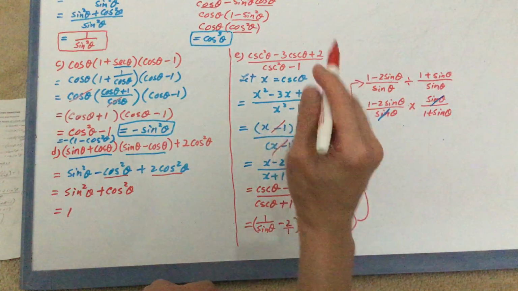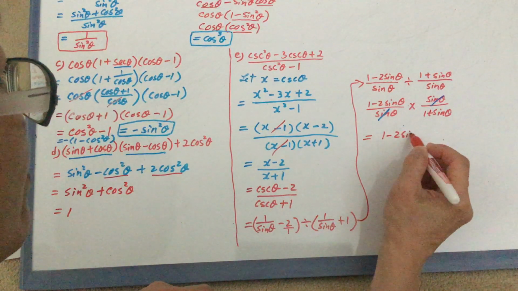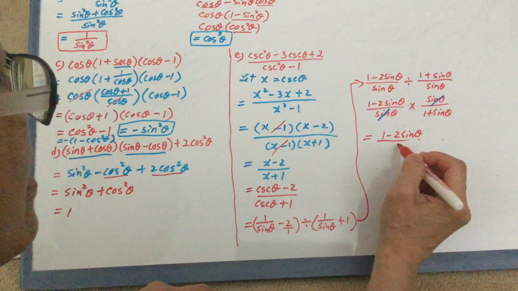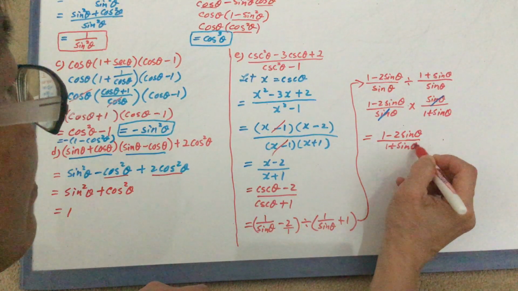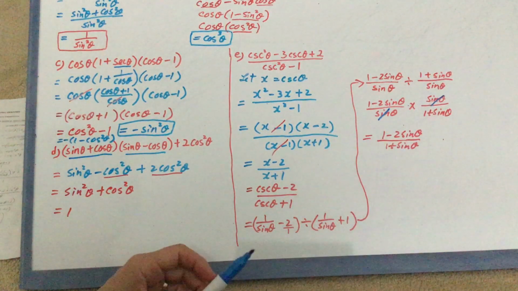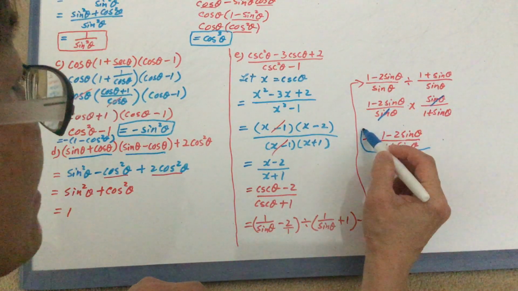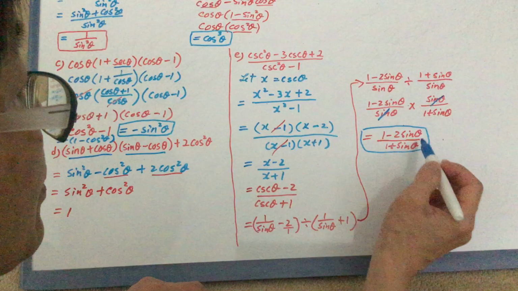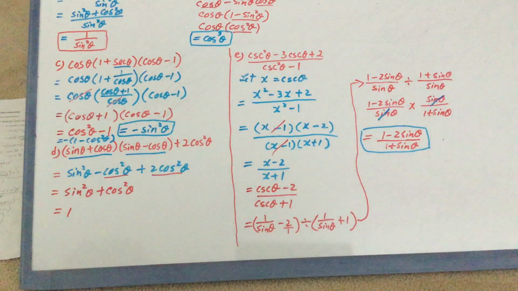What is left is going to be equal to 1 minus 2 sine theta divided by 1 plus sine theta. Okay? I'm going to leave it like that because I cannot further reduce that, but everything now is in terms of sine. Okay?